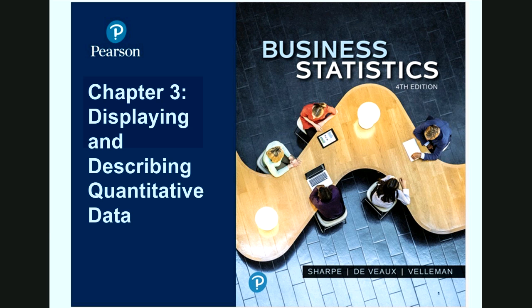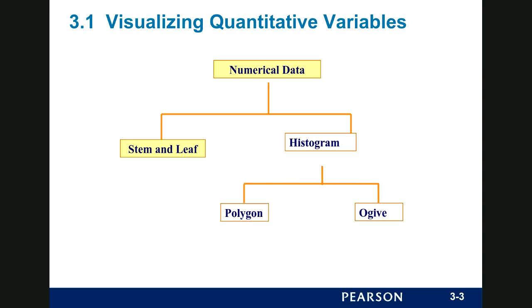Okay, so I'm going to go back to this. In the last class, we talked about organizing and displaying quantitative data. And I said there's two kinds of ways of doing that, the stem and leaf display and the histogram.